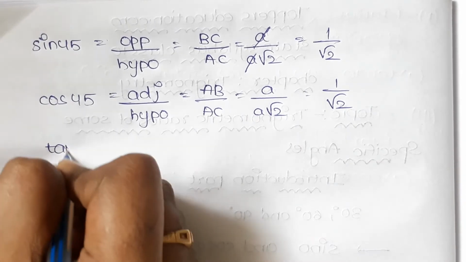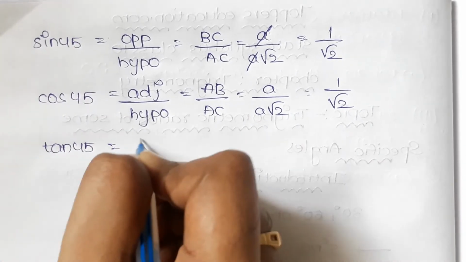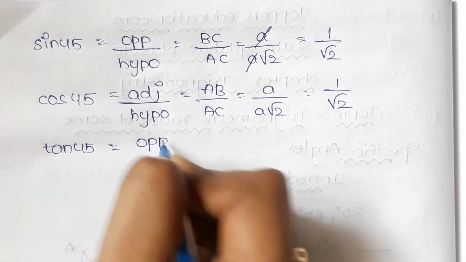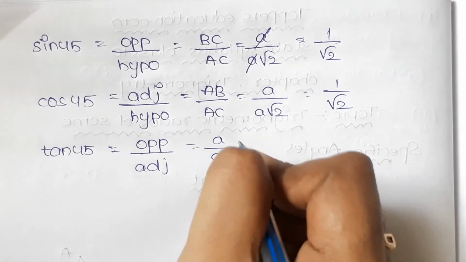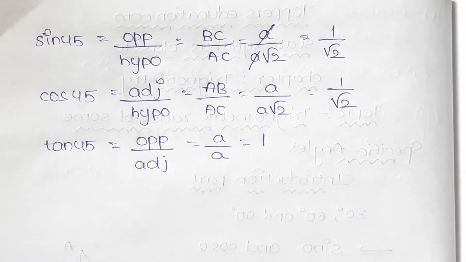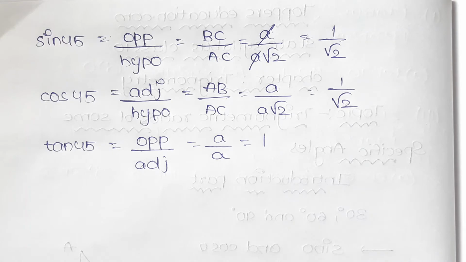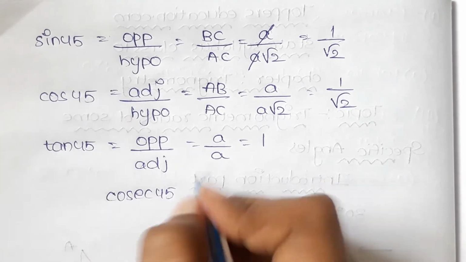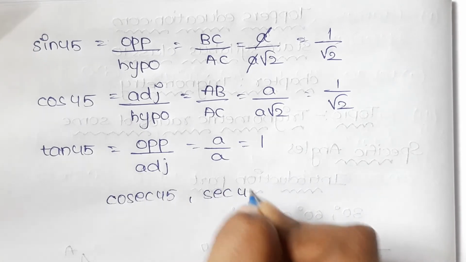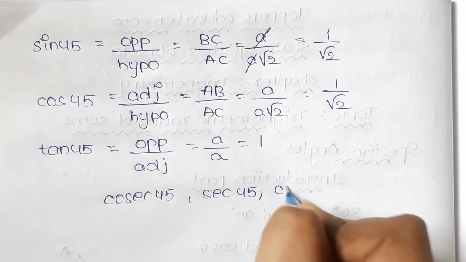And tan 45 is opposite by adjacent, that is A by A, that equals 1. Like this you can determine the values of cosecant 45, secant 45 and cot 45 also.